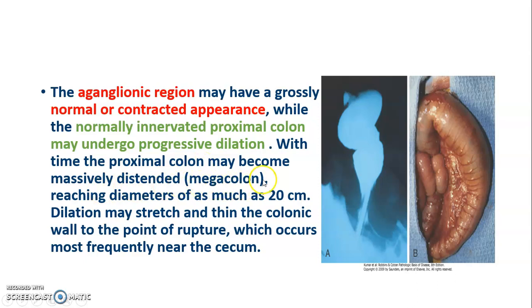That is known as megacolon, reaching a diameter of as much as 20 centimeters. Dilation may stretch and thin the colonic wall to the point of rupture, which occurs most frequently near the cecum. So, the dilated part is proximal to the contracted aganglionic region.